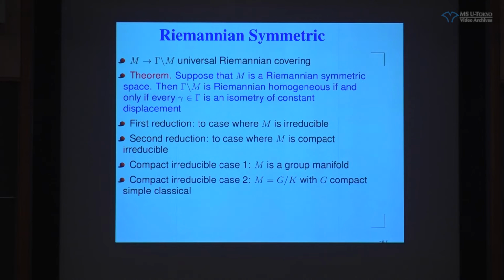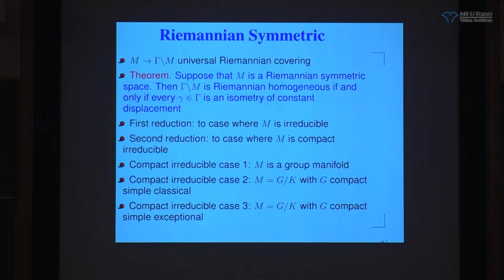Or it might be a situation where the isometry group is a simple classical group or a simple exceptional group. So how do you deal with these cases? Maybe at this point, I'll come back to these, how one deals with these cases, in a few minutes.